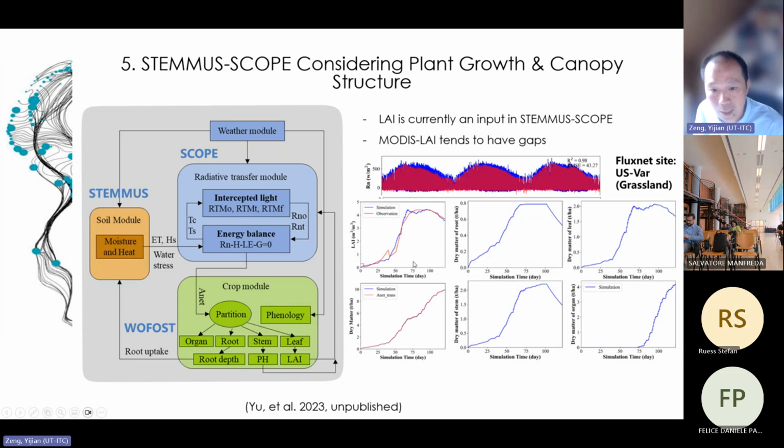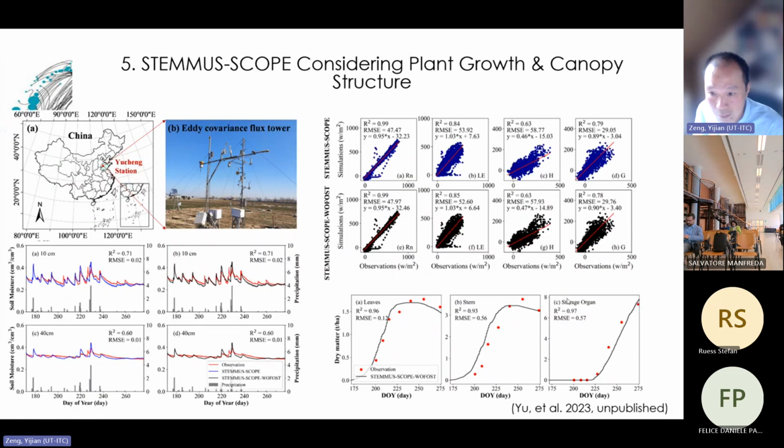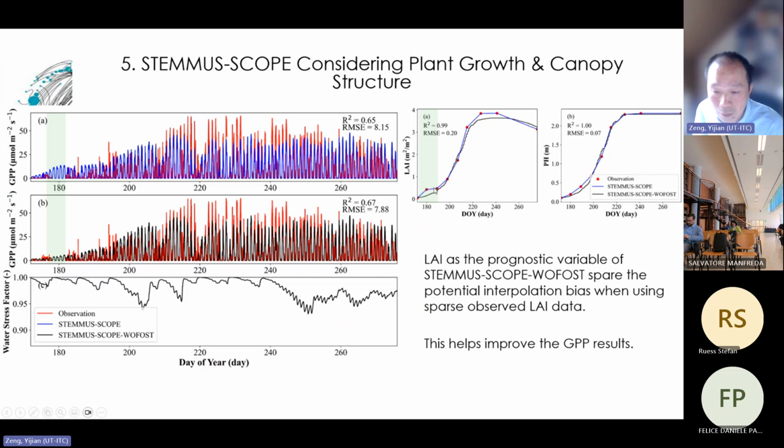The one thing here I want to highlight is that, from satellite data, sometimes you can have uncertainty. For example, at the beginning of the growth period, you can see a sharp increase of LOAI, and this could be due to the uncertainty of the satellite data. If you take this satellite-measured LOAI into the model, then you can also have an unrealistic simulation of the GPP.